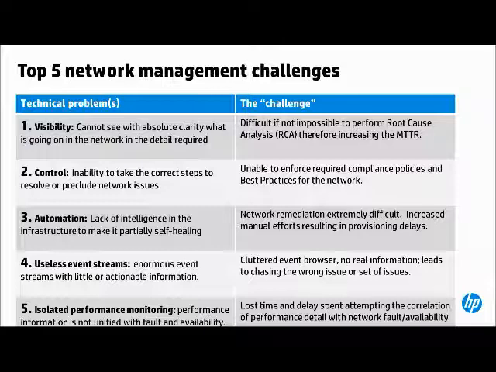As I discussed, as networks grow and complexity increases, we need to be able to see with, and I like to use that term, absolute clarity, what negative impacts our networks may be experiencing right now because of fault, availability, performance, or a bad network change condition that has just occurred.